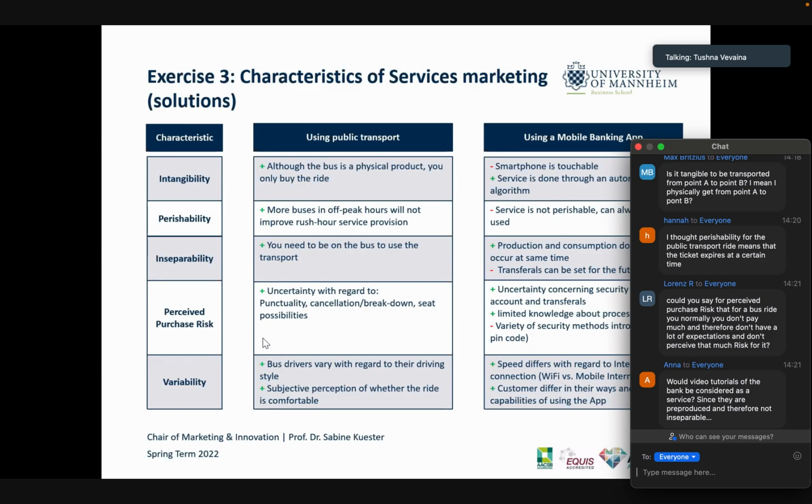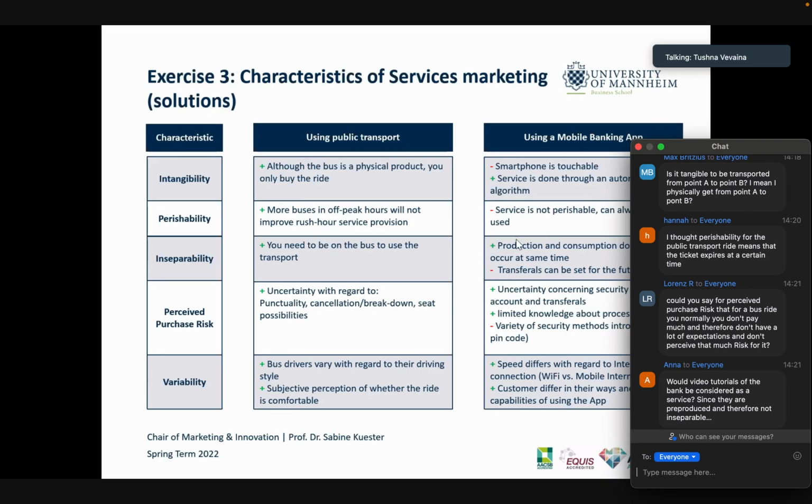Then you have perceived purchase risk, where you say that there's always a certain fraction of uncertainty when you're going to purchase a product or service. And even while delivering a service, you cannot be 100% sure because maybe there's a breakdown with the bus, or there is a cancellation of a bus, and punctuality. So when we see Deutsche Bahn as well, there's always this risk.